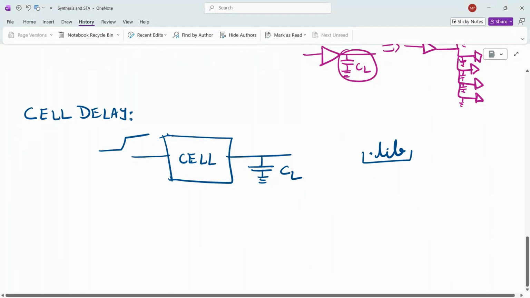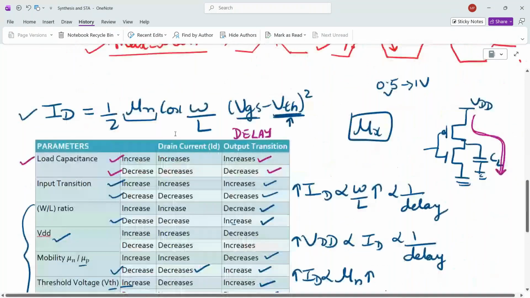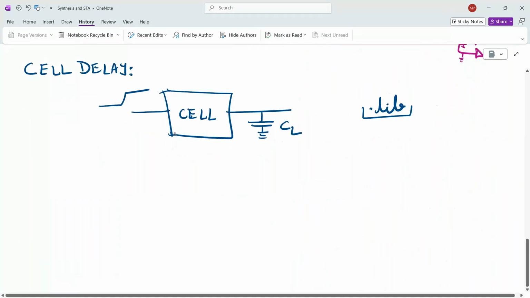We are going to see how the lookup tables are arranged and how you can calculate some delay. So by knowing all these things, you should know how the input transition and output load affect your transition and the delays.